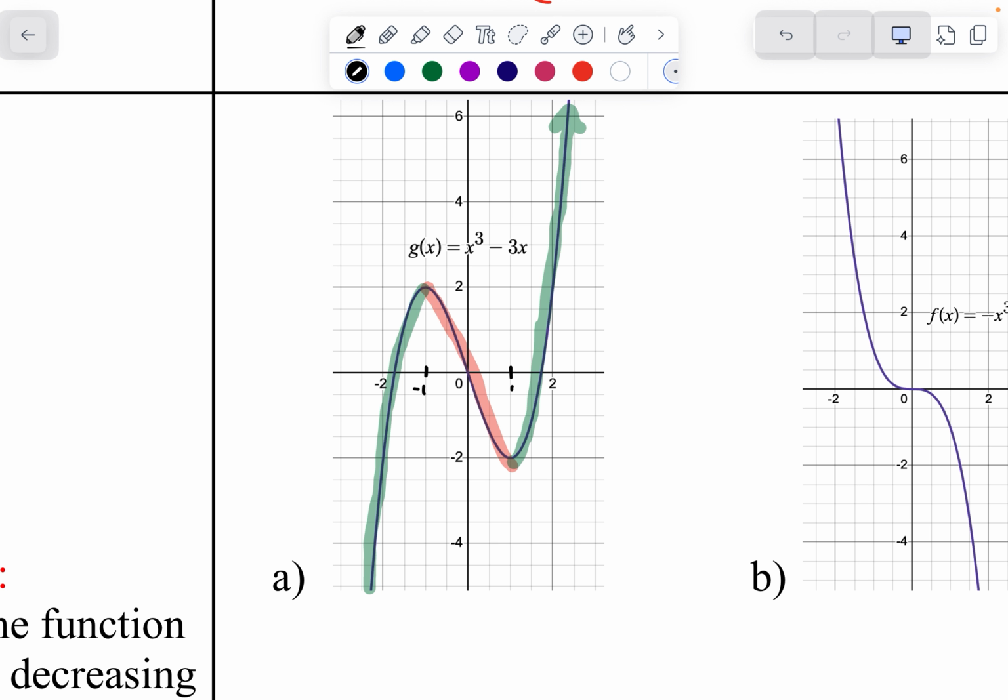If my x starts from negative infinity, the leftmost side, my math bug's way down here, what x value will he be going upward or increasing until he has to stand at the peak? At -1. So we're going to write -1.